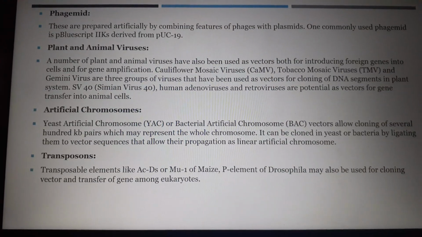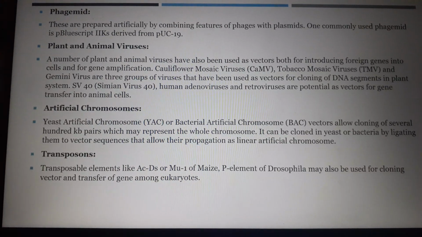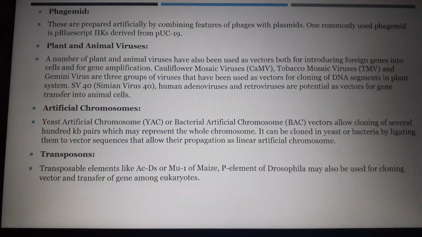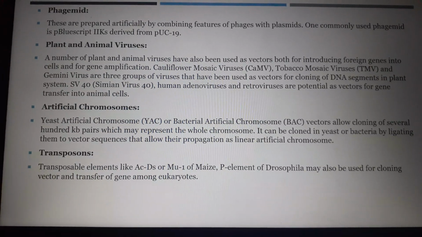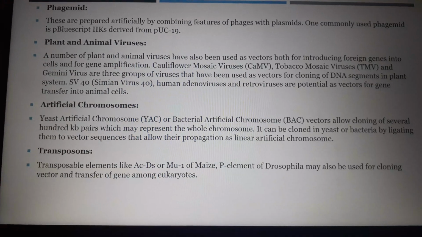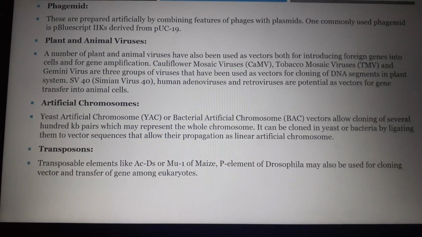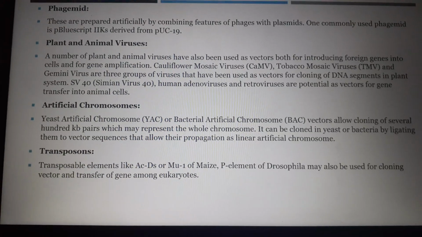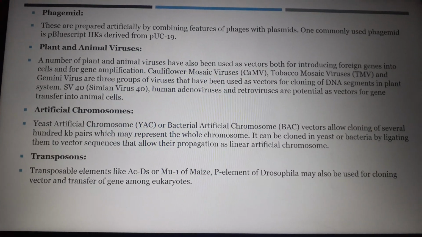And phasmids are prepared artificially by combining features of phages with plasmids. So they are a hybrid of phages and plasmids, such as pBluescript and pUC19, which the University of California developed.